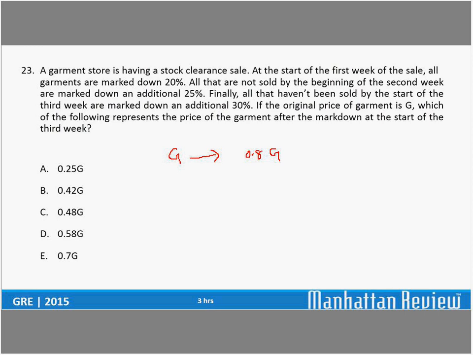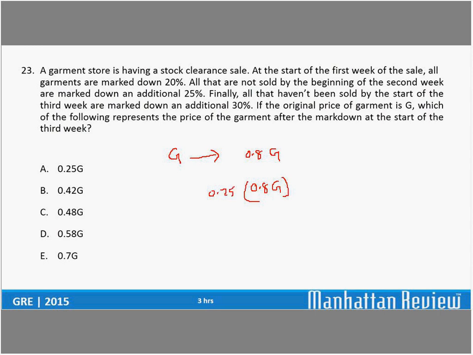All that are not sold by the beginning of the second week are marked down an additional 25%. And 25% means what should you do? This is 0.8 G, and on this you will be left with only 75%. So you will be with only 0.75.